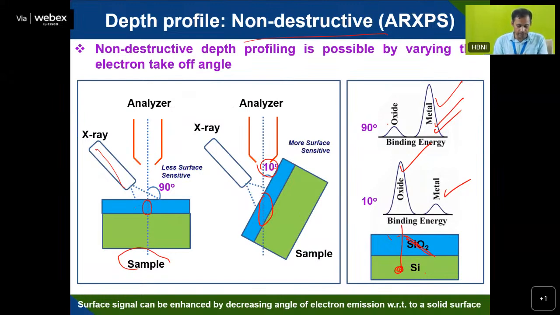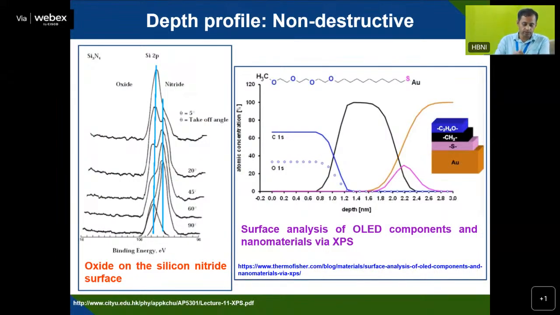The surface signal can be enhanced by decreasing the angle of electron emission with respect to the solid surface. This is the solid surface, and if you decrease the emission angle theta, you will be able to see the core-shell structure. Here you can see silicon nitride, on which an oxide is grown. You have a silicon nitride substrate, and on that you are growing oxide.